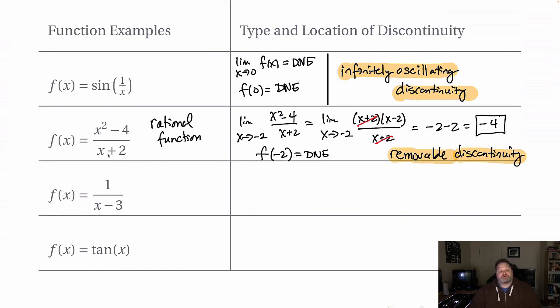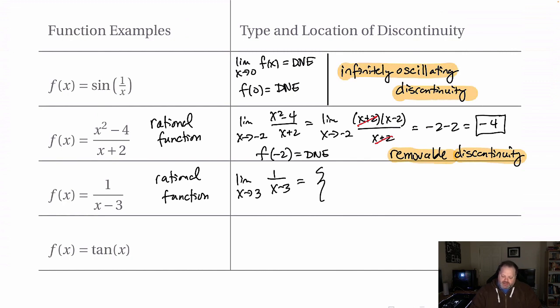All right, what's the difference between this rational function and this one? Well, as far as discontinuities are concerned, it's actually a big difference. 1 over x minus 3, if I take the limit as x goes to 3 of this graph, I'm going to get a couple of different answers here.